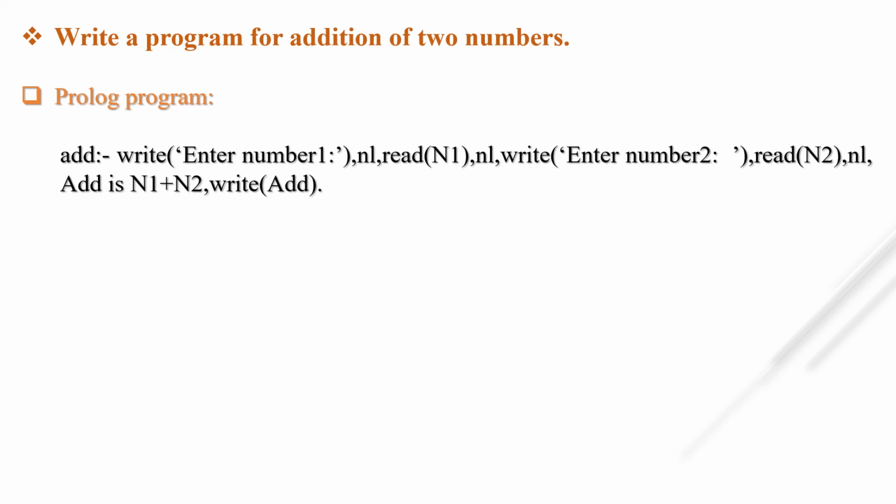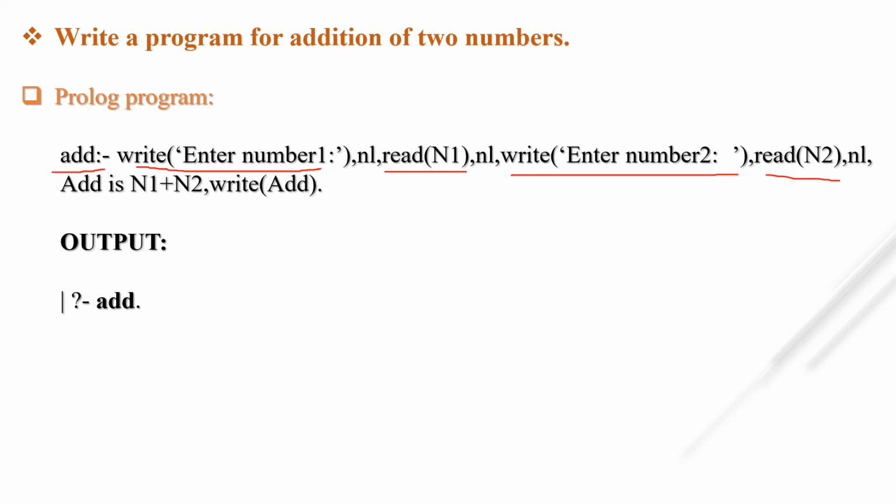Next one, write a program for addition of two variables. Similar to the previous example, first we have to take one atom. I am taking one atom add. When I hit add on the console, this will be printed: enter number 1. Then Prolog will ask you for one number which is stored in N1. Then it will print enter number 2. Then Prolog asks you for number 2.